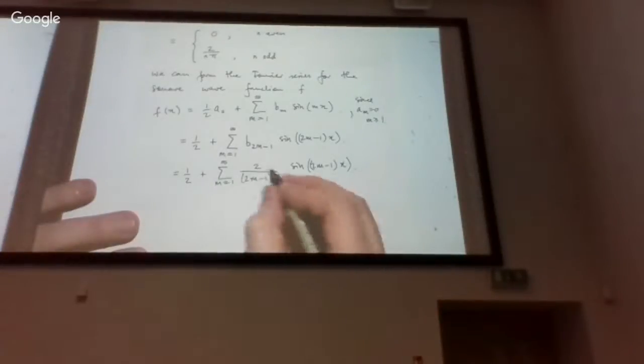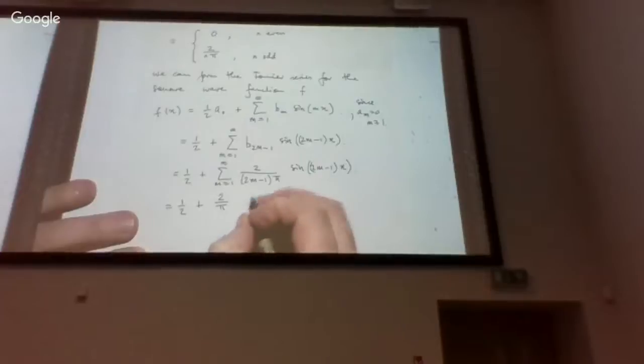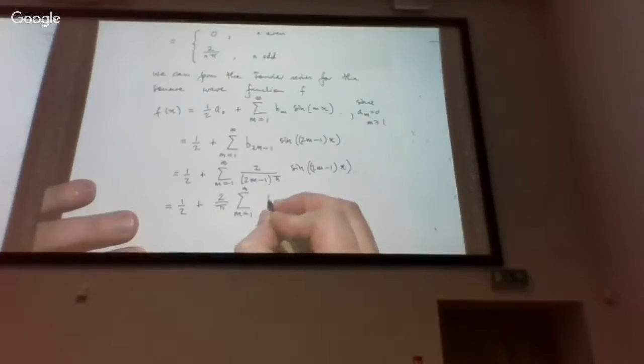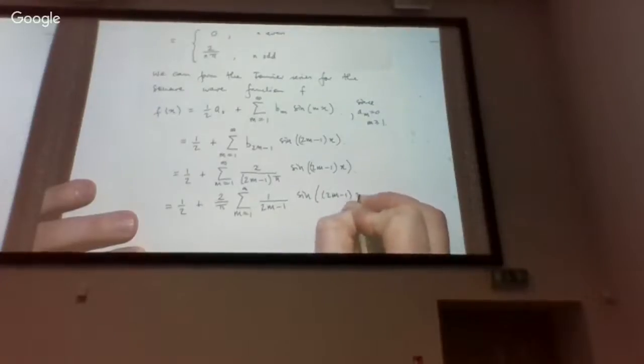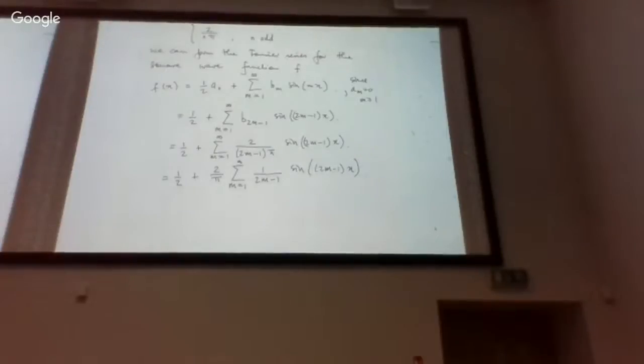The 2 over pi is a constant, so you can bring it outside: 2 over pi times the sum, m equals 1 to infinity, of 1 over 2m minus 1 times the sine of (2m minus 1)x. I think that is exactly what's shown in the solution in the notes.